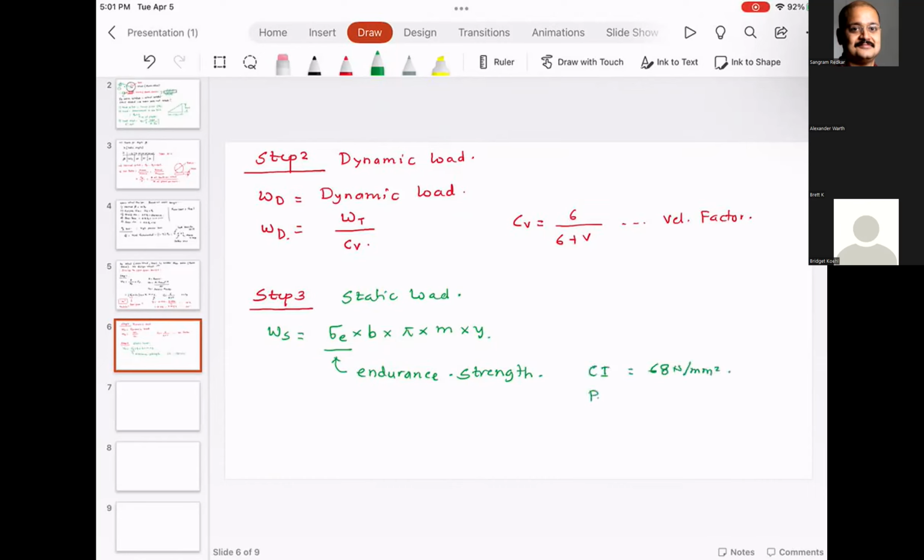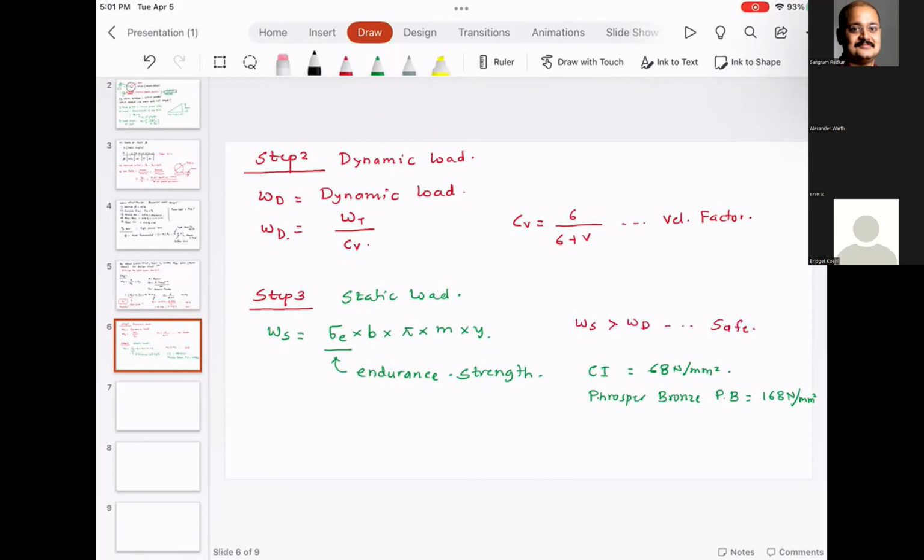For phosphor bronze, PB, is given as 168 Newton per millimeter square. And you want to make sure that whatever WS you find is greater than WD for the design to be safe.